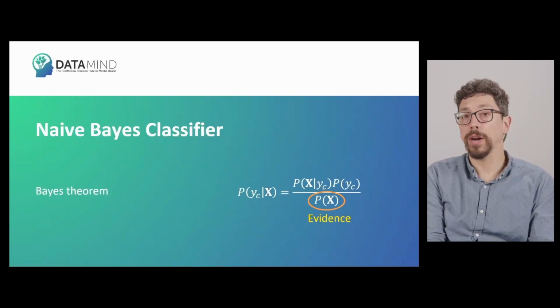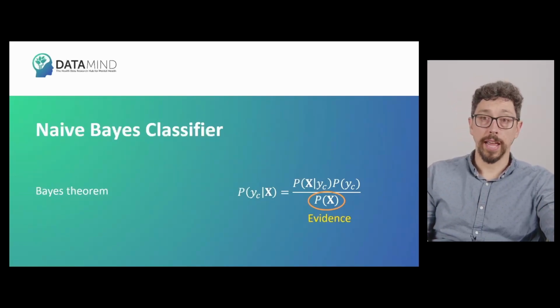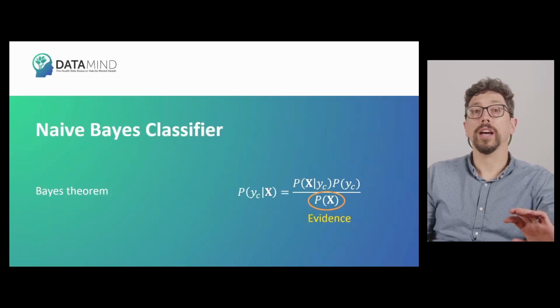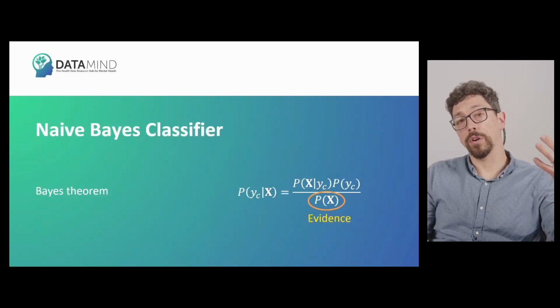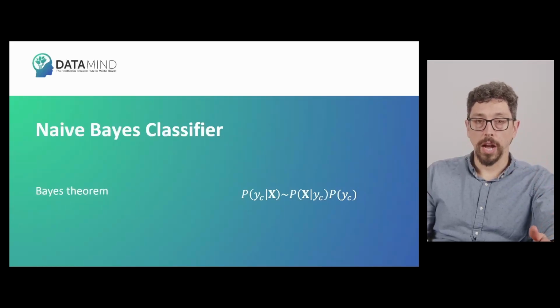So that value is going to be exactly the same for all the considered classes. Therefore, we can remove that from our calculations and simplify the Bayes theorem by using just the numerator, which is the part that affects what we are going to predict.